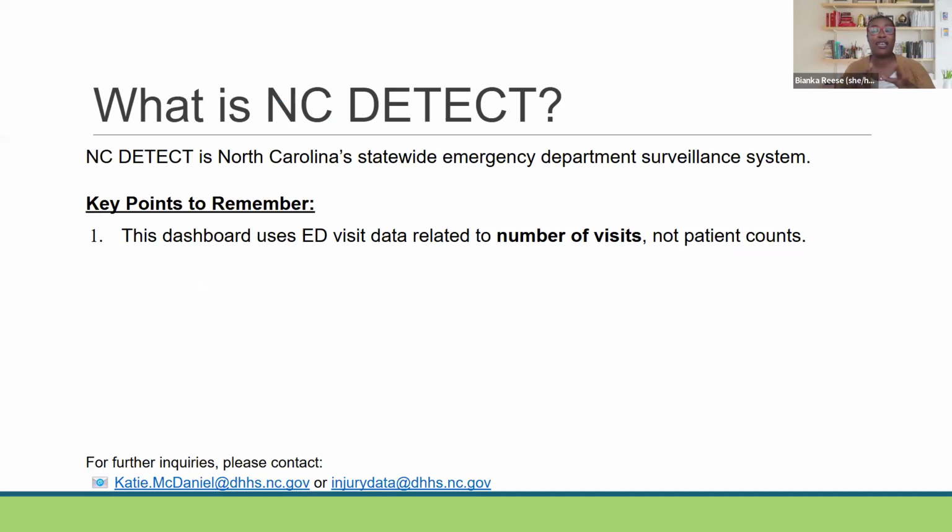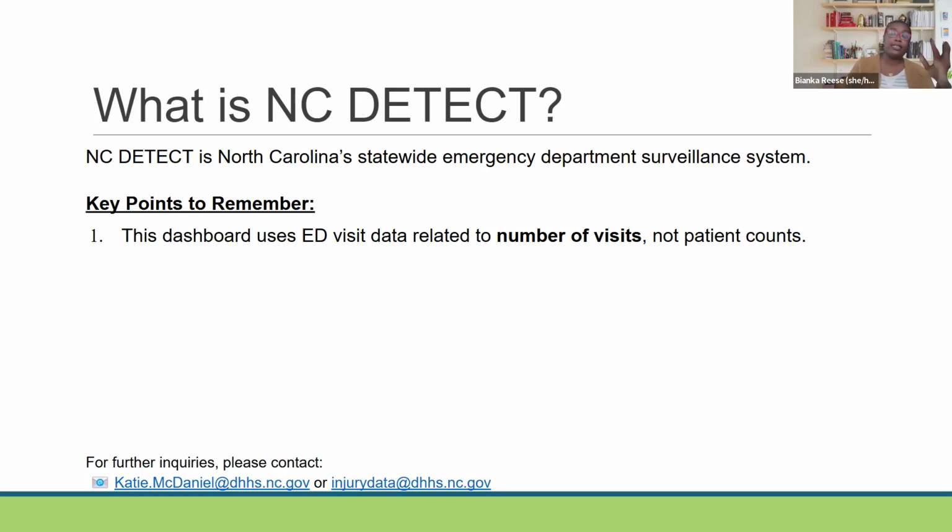It's our state's real-time emergency department surveillance system, and that helps us to monitor public health trends and also to better prepare for emergencies for service providers, for health systems, for organizations who help people across the state. NC Detect was created by the North Carolina Division of Public Health in 2004, so it's been around a while, in collaboration with a couple departments at UNC, the Carolina Center for Health Informatics and the UNC Department of Emergency Medicine.